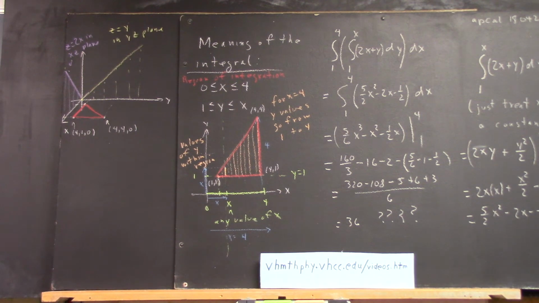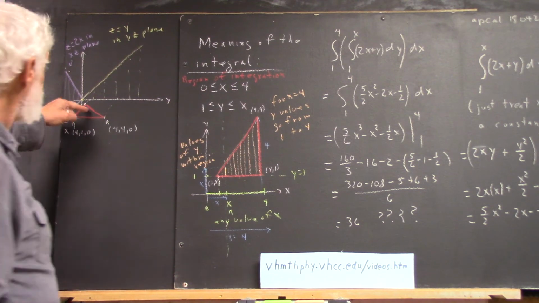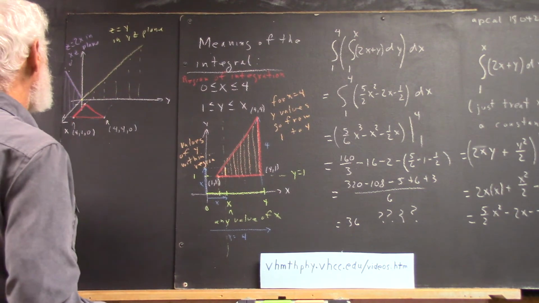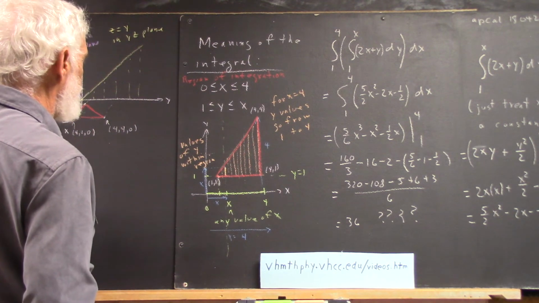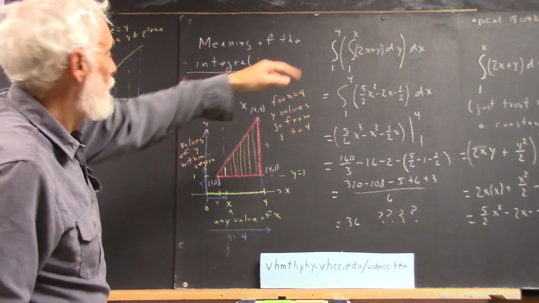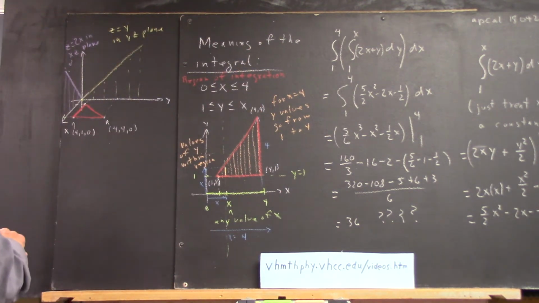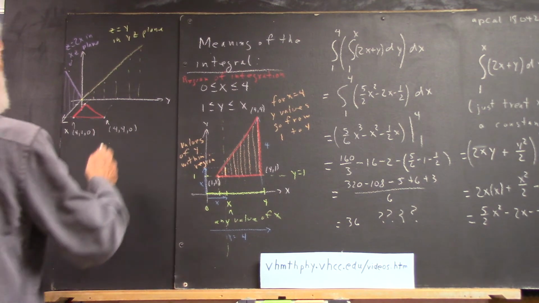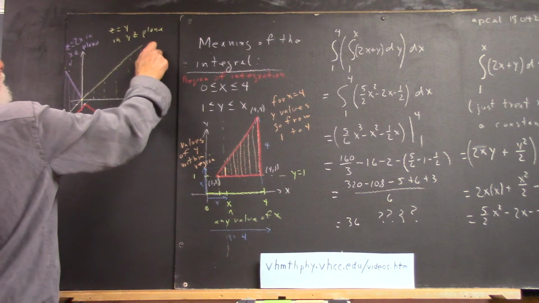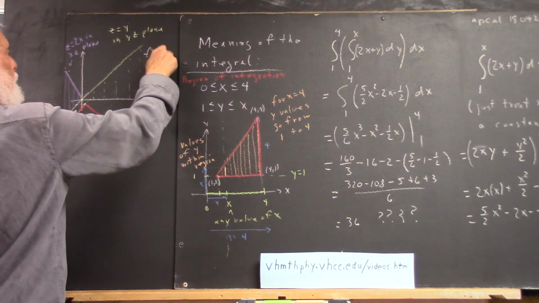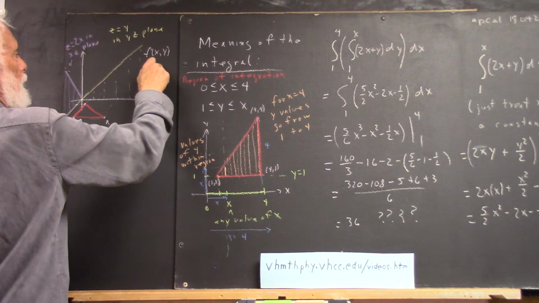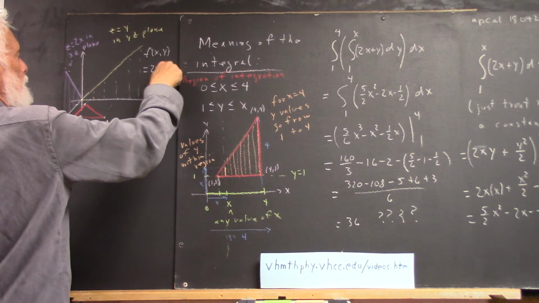Now at the point 1, 1, 0, the function f of xy is our 2x plus y function.